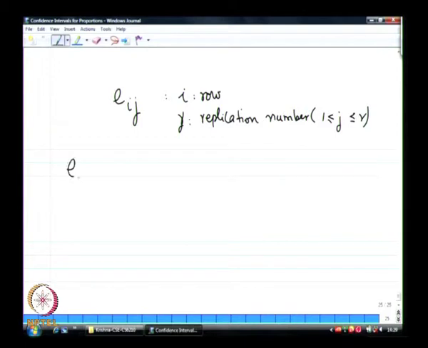So in each case Eij is actually defined as Yij, which is the actual measured value, minus what has been computed.